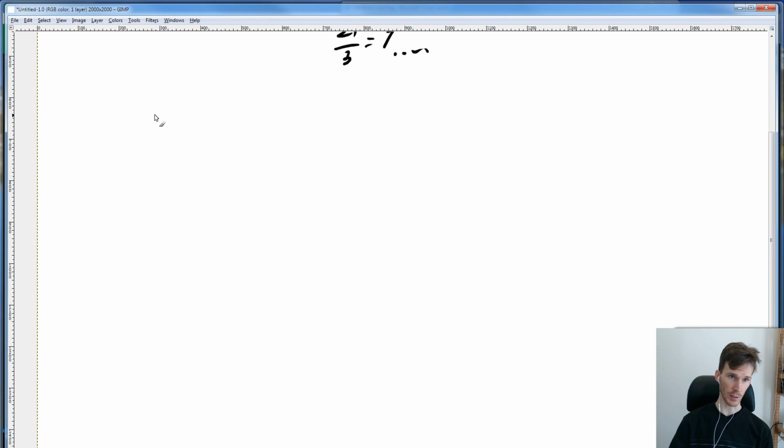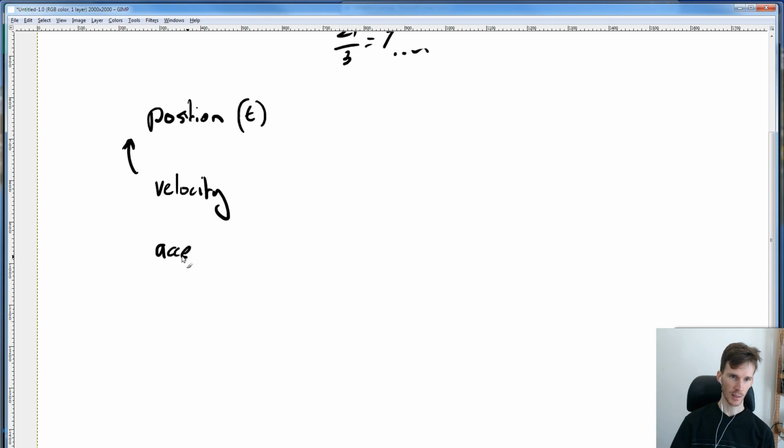Basically what we have is position. We want to know the position of something at some time t, and one way we can do that is if we have a velocity, we can integrate that up to get a position, and by the same token, acceleration, we can integrate that up to get a velocity, which we can then integrate to get a position, and we can also differentiate the other way down.